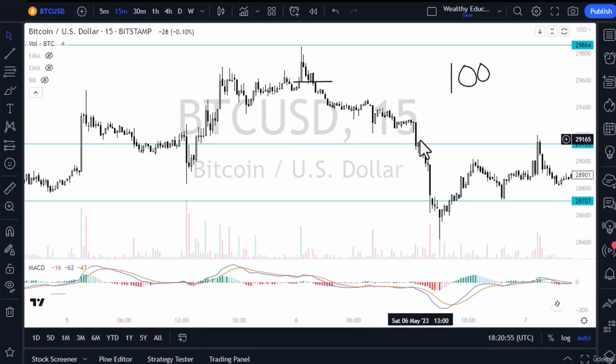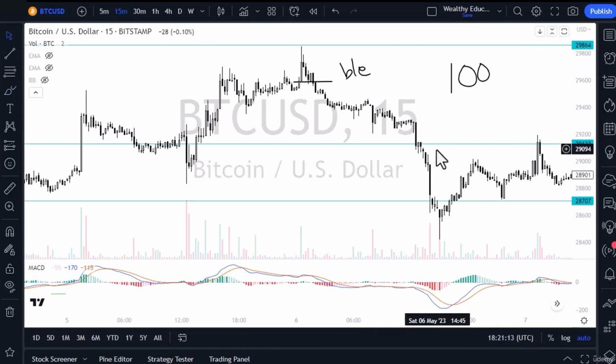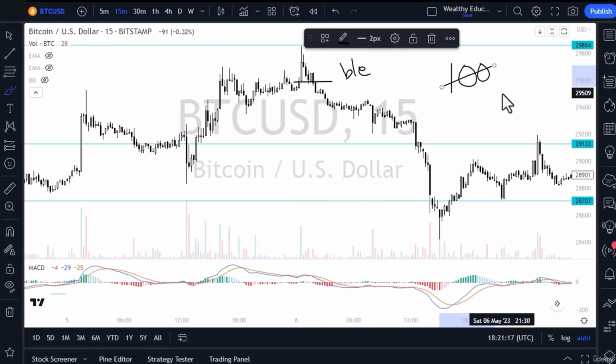So once you get here, you have a couple of choices to make. You can have profits. You can move your stop loss to break even. A lot of traders will just take profit. Some will maybe take half.